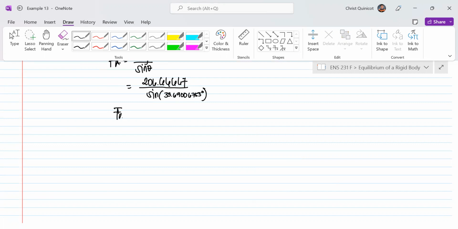So our F sub A now is equal to 206.66667 divided by sine of 33.69006753, and that is 372.57378 Newton. So this is now the force that acts at support A.